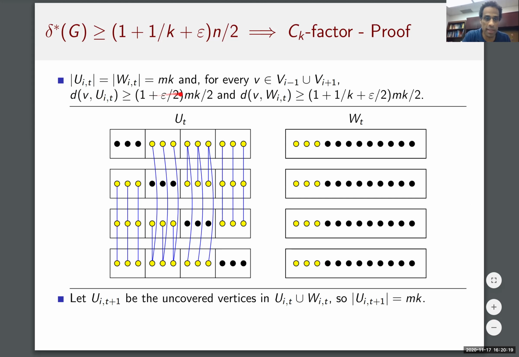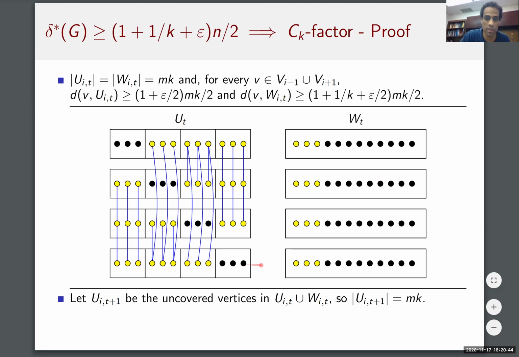That means I want this to hold for the next round. So in the next round, what will the uncovered vertices be? The uncovered vertices will be the black vertices here. And what will my degree be into those black vertices? In the next round, UT plus 1, in other words, will be the black vertices here.